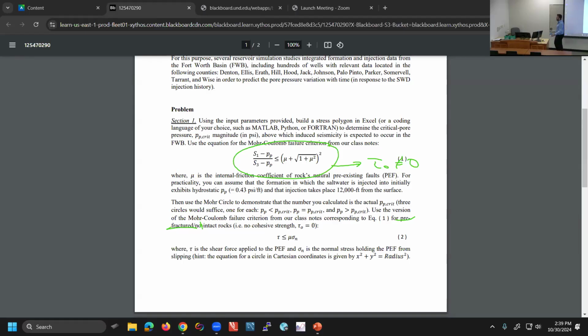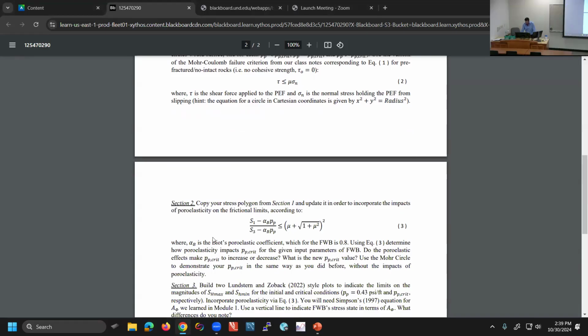So you can do a confinement strength test on a pre-fractured sample, but a UCS test or a Brazilian test requires that the sample is intact. That means not pre-fractured, and tau naught not equal to 0 automatically. So I did clarify that. I will fix the end that is missing. It should be non-intact rocks.